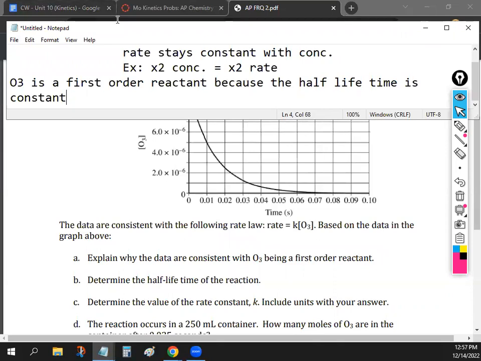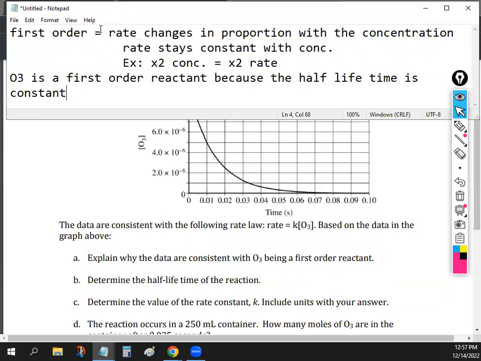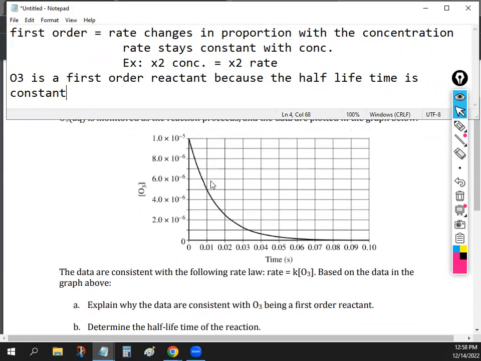And what that tells us is that as you change the concentration, the rate at which it's going to react is going to be in proportion to that concentration. Okay. And then you can basically just explain to me what you did. You can say you would just use some data from the graph. You can say the half-life is 0.01 seconds. The second one is also 0.01 seconds. And so it's going to stay constant.